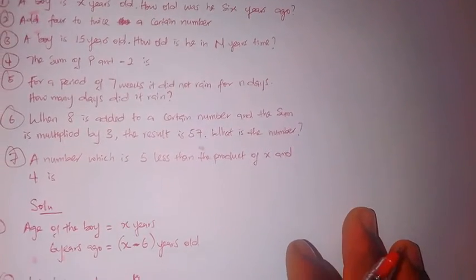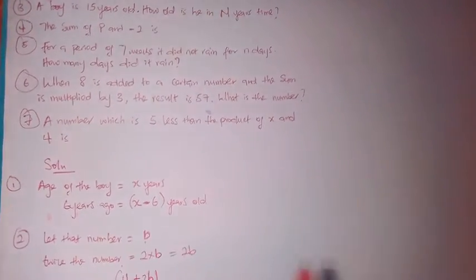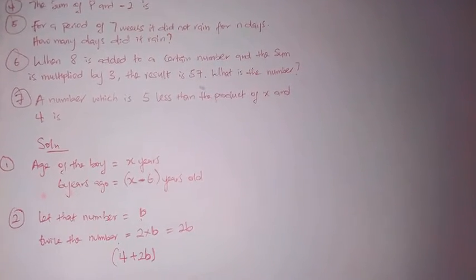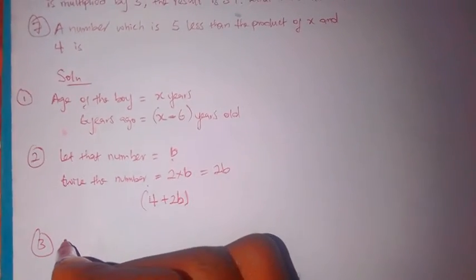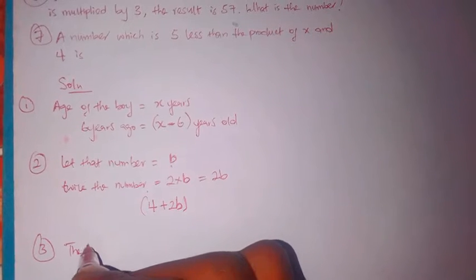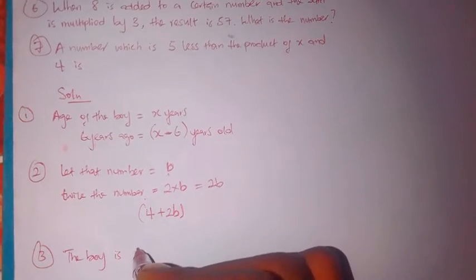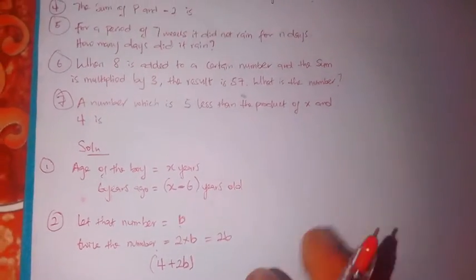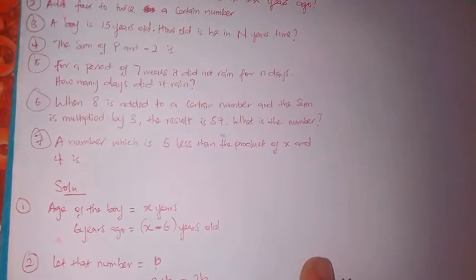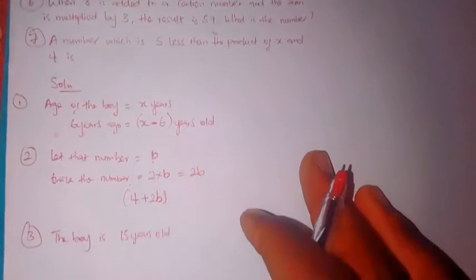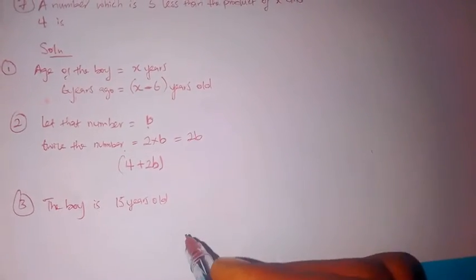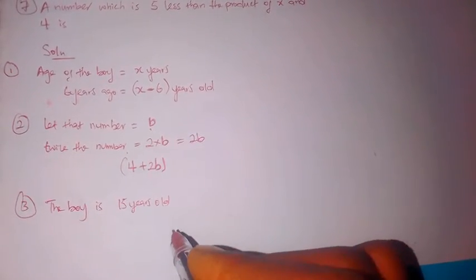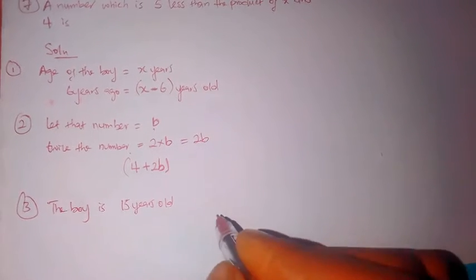So for number 3 question, a boy is 15 years old. So the current age of the boy is 15 years old. How old is he in n years time? The number of years that we're looking at is not specified. That's why it was represented with a particular alphabet, n.